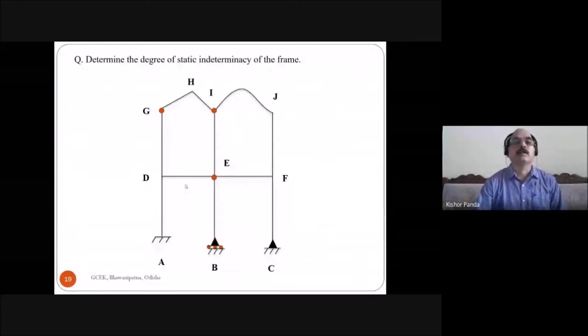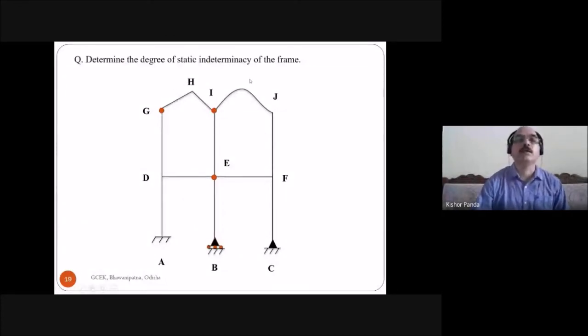Then another example, this is one hybrid frame. Find the degree of static indeterminacy of the hybrid frame. Here you see the structure. This is fixed support, this is roller support, this is hinge support, and these are the hinges.